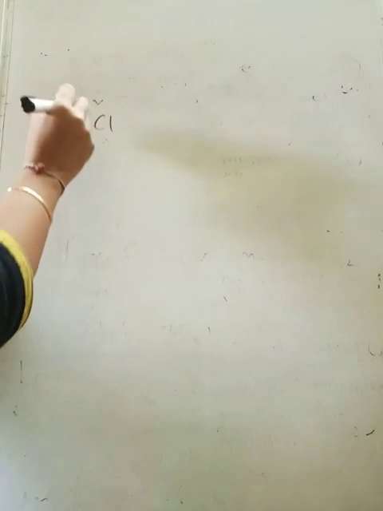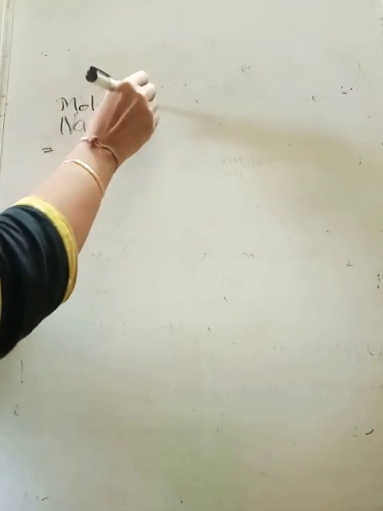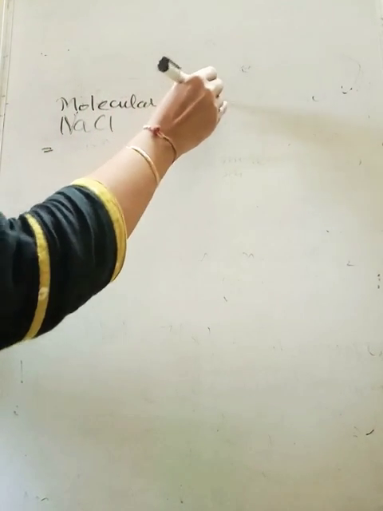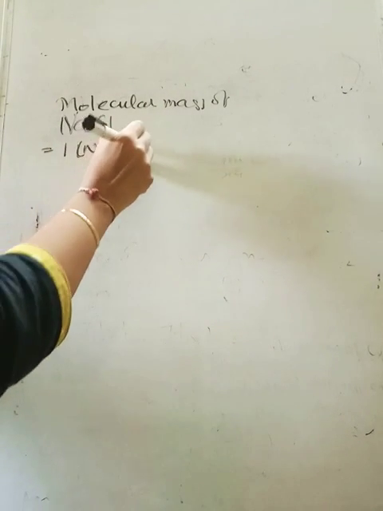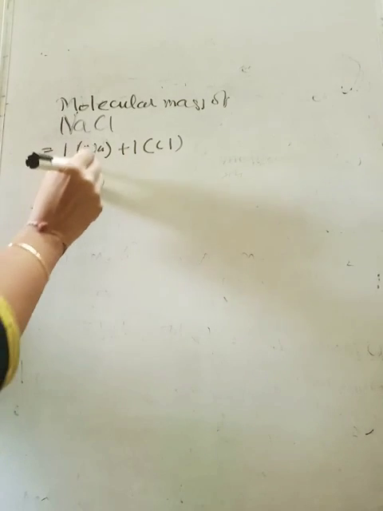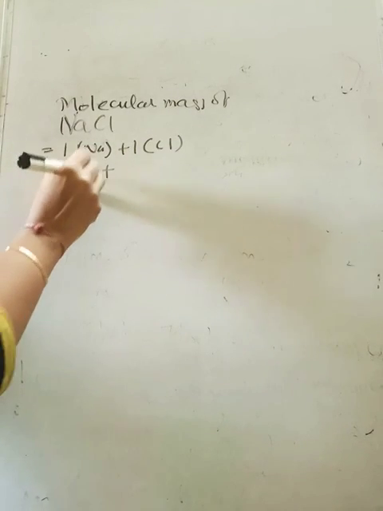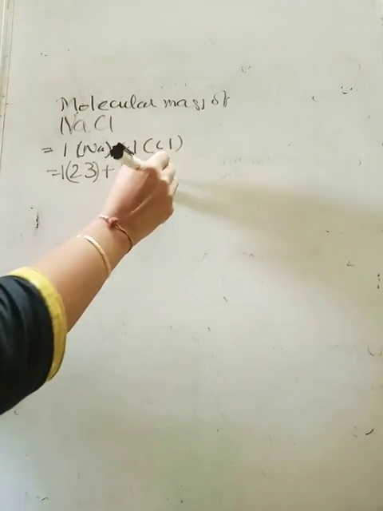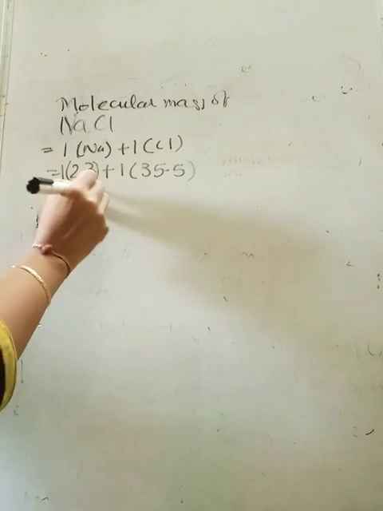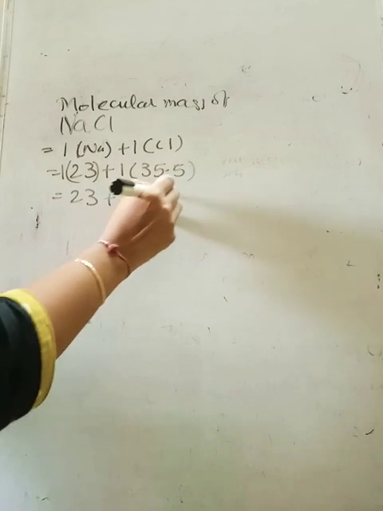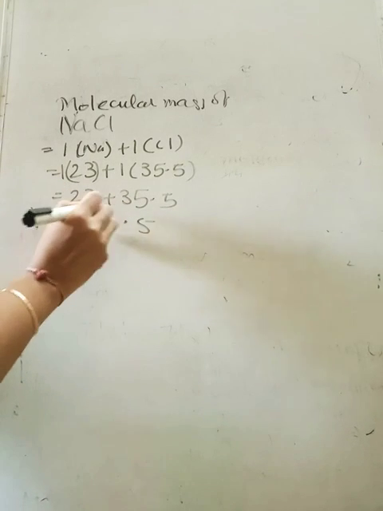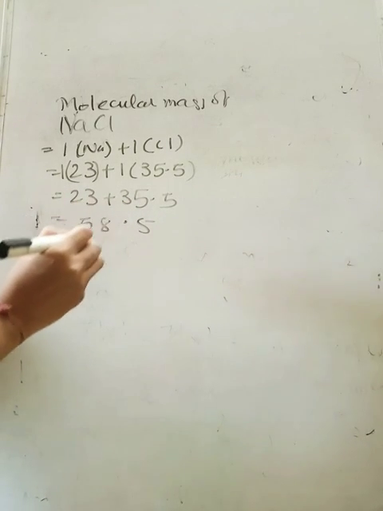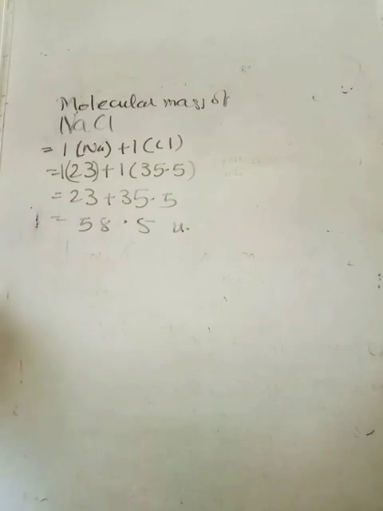What is the molecular mass? One time Na plus one time Cl, मतलब one time 23 plus one time 35.5. That means 23 plus 35.5. 0.5 ऐसे ही रहा. 3 plus 5 8, 2 plus 3 5, 58.5 Dalton.